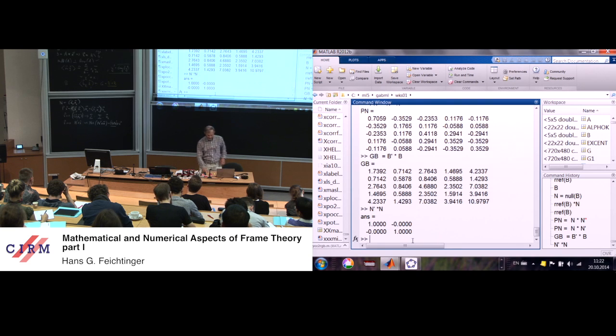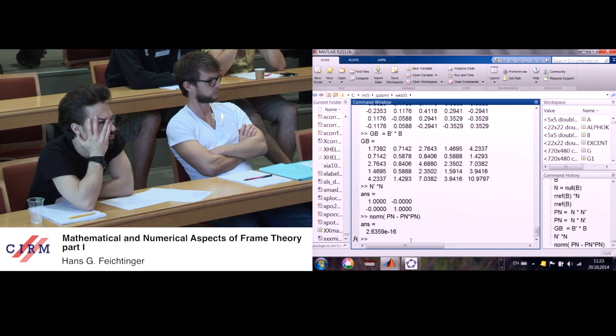So just to convince you that what I called Pn, once more, is a projection, I say what is the norm of Pn minus Pn star, Pn squared. And then it's, in the operator norm, numerically practically 0.